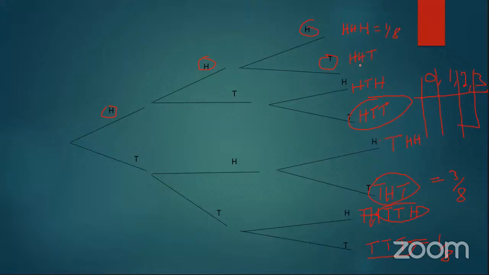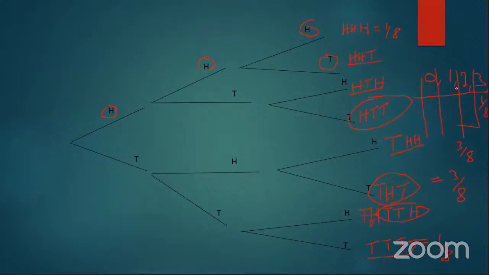Then we check where we have 2 heads. This is the 2 heads, the 2 heads, and the 2 heads. Theirs is also 3/8. Then lastly, where all of them are heads would be 1 over 8.